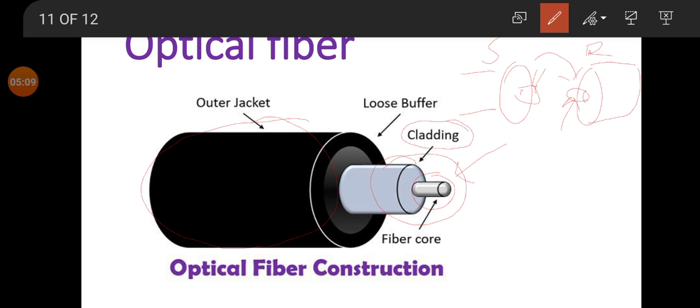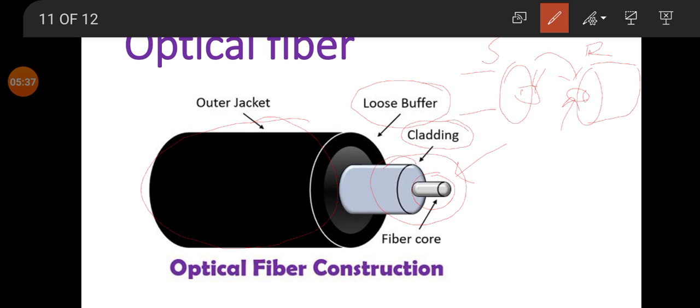Then one more part used is the loose buffer. The fiber is commonly covered by a loose buffer which protects it from moisture. Whenever we use data as light signals, there may be a possibility of moisture production. That moisture is reduced by using the loose buffer.